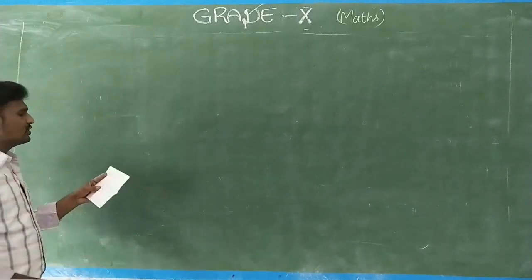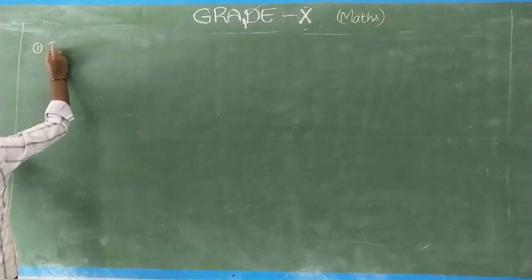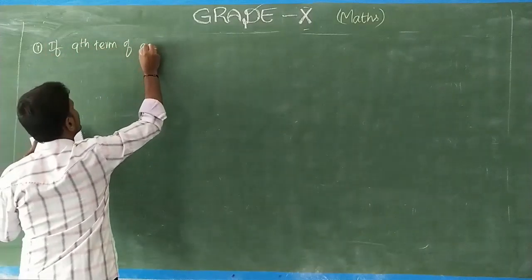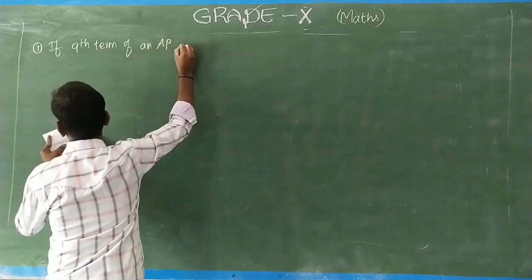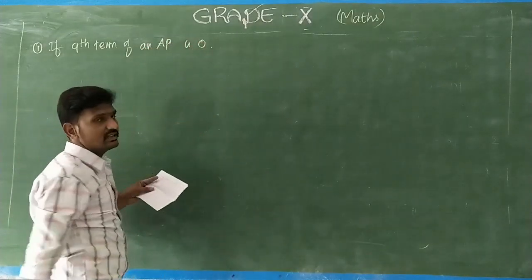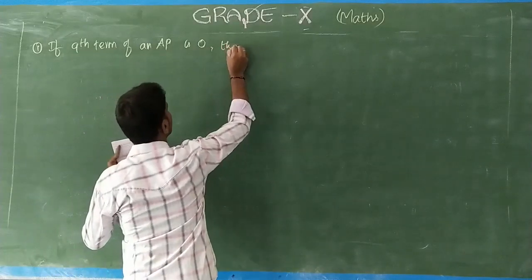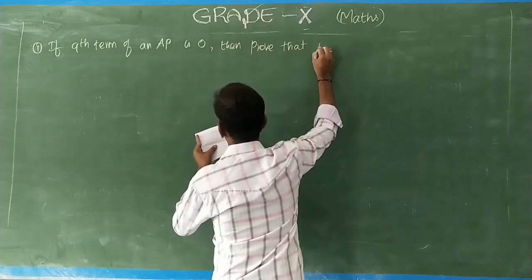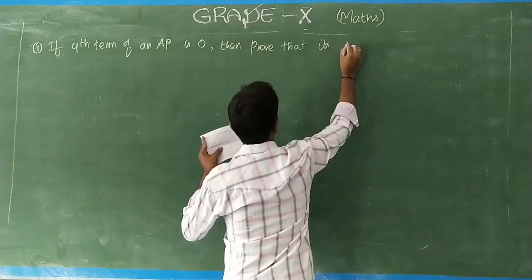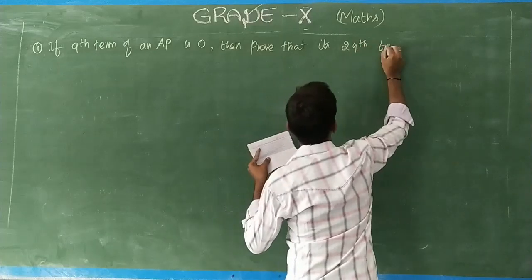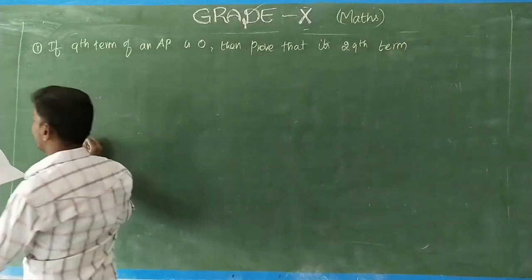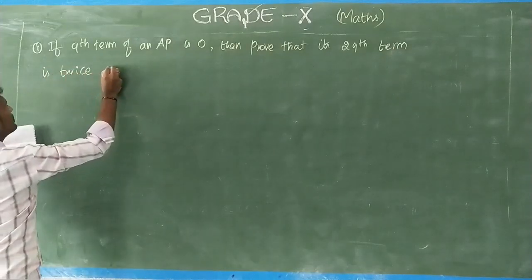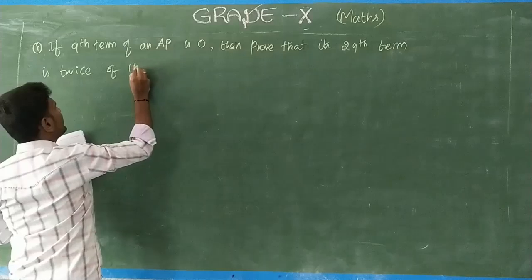Now, students, the first question: if the ninth term of an AP is zero, then prove that its 29th term is twice the 19th term.